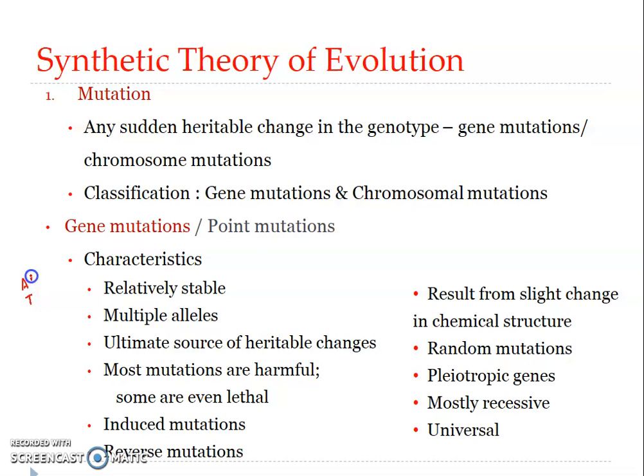Just imagine another A over here, then T, a T, next T, A, then G, C. Just imagine this is the base sequence of a gene. Obviously, a gene cannot be so small, but still, rearrangement means that instead of A, T, A, T, T, A, it could be A, T, T, A, A, T, getting rearranged. That kind of change is known as rearrangement.